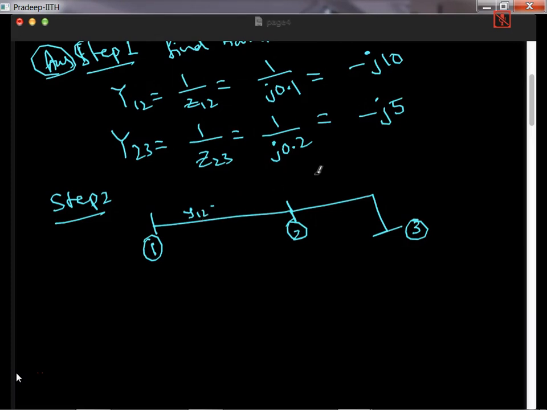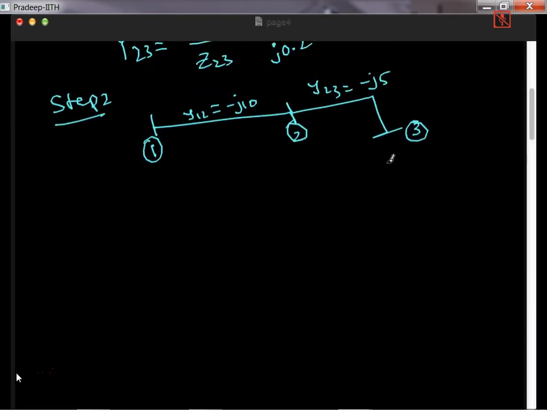I'm sorry, Y23 is minus j5. So simply you can write the Y bus. So Y bus will have 9 elements.